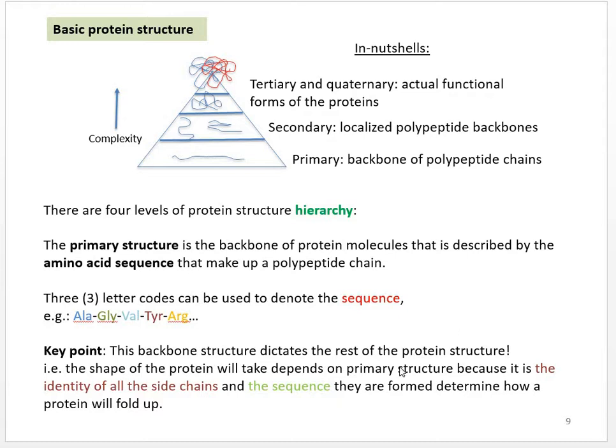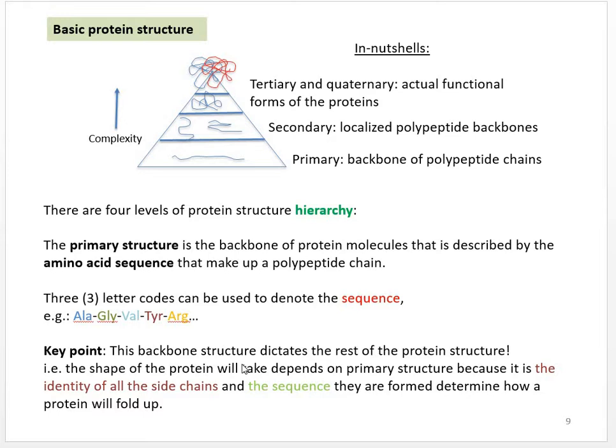This structure will dictate the rest of the protein structure. So from the primary, it will soon become secondary, tertiary, and then quaternary.